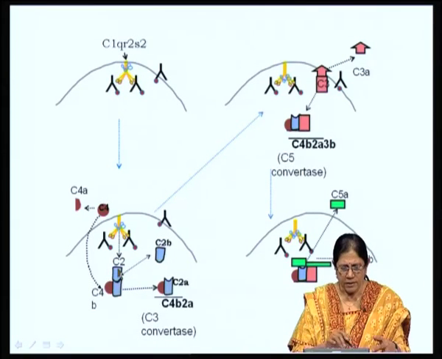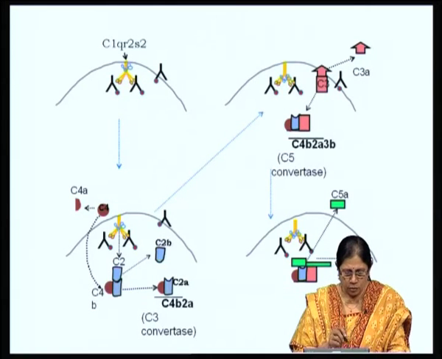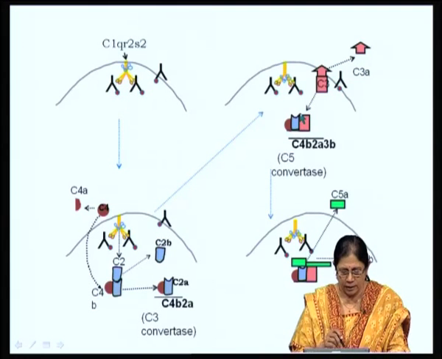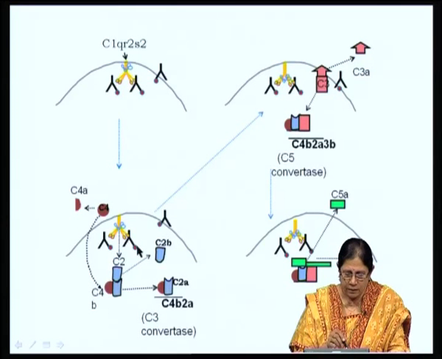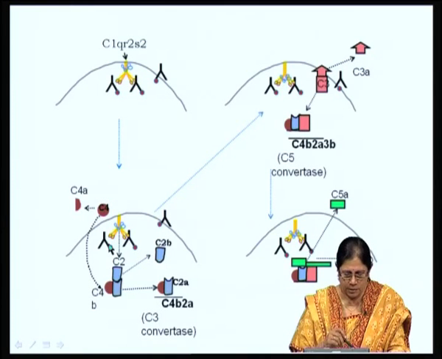So, remember, all this is happening on the surface of the bacterial cell, and though I have shown the various activities pictorially, all this is in fact happening at the site of the antigen antibody interaction and the C1 complex which is binding to it.